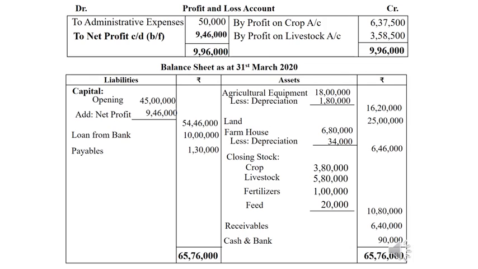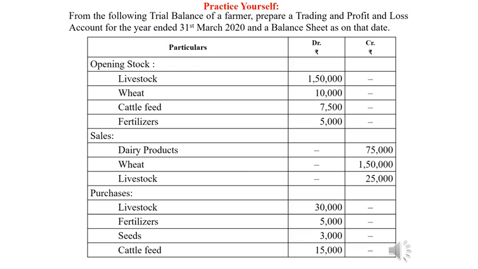So this type of problems are also maybe there in your examination. Get prepared for these. Okay. Practice yourself. I think you will write down this problem in your notes and find the answers on your own.